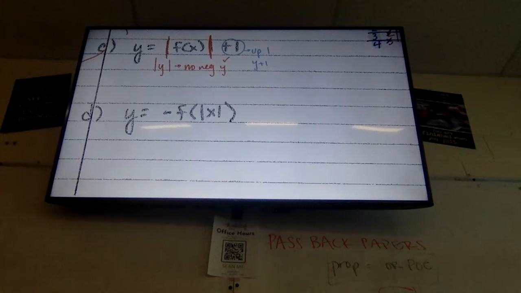My question on all of these is, how do we get to the next thing? What are my changes? So what does this negative do to my graph? Flips it how? Show me how it flips it. Use your hands. That's my x-axis.